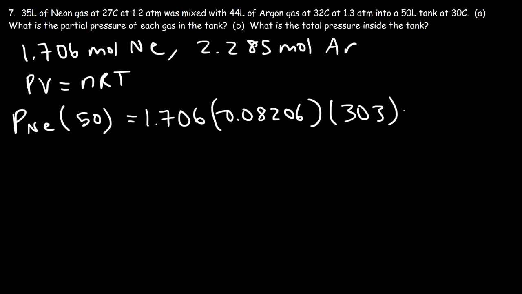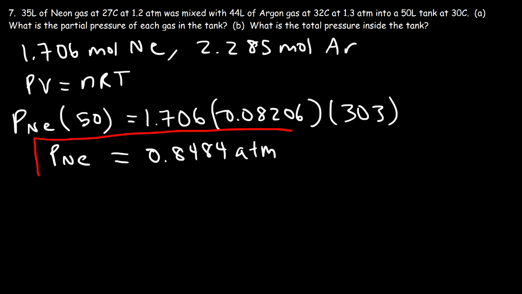So the partial pressure of neon is going to be 1.706 times 0.08206 times 303 divided by 50. And so that's going to be 0.8484 atm. So that's the partial pressure of neon.